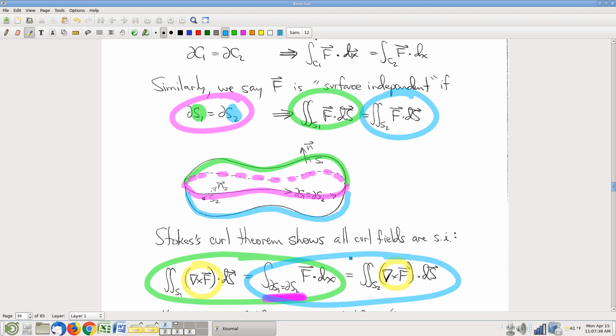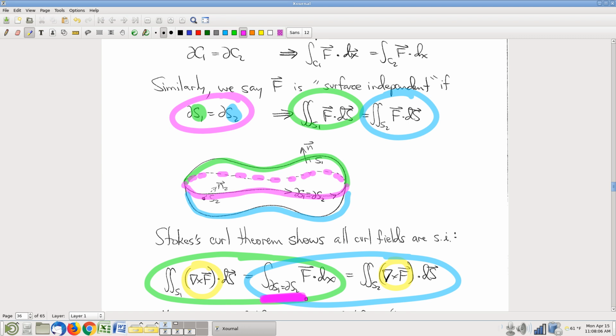Well, Stokes' curl theorem tells me that I compute it as a circulation, again, around our shared boundary. And you can furthermore see that any surface I pick, as long as it's got that same boundary curve, the flux of a curl can be still computed by a circulation around the exact same boundary curve, and so it's always going to be the same.